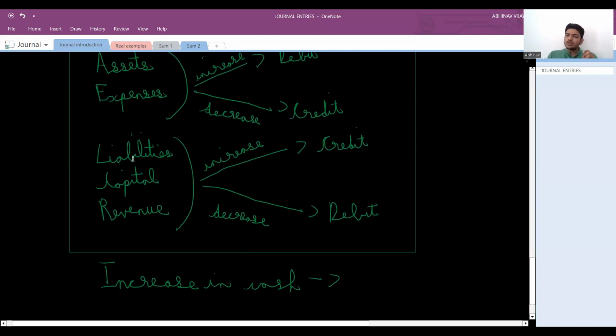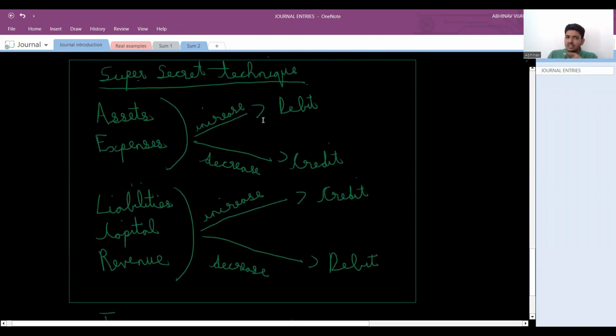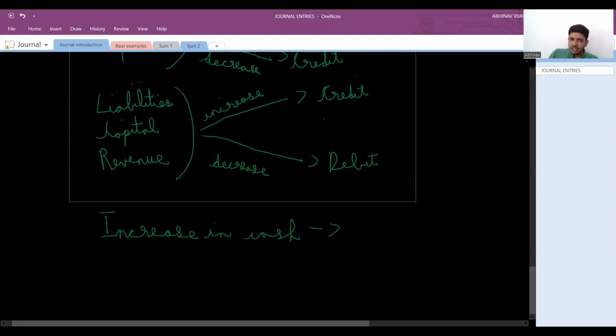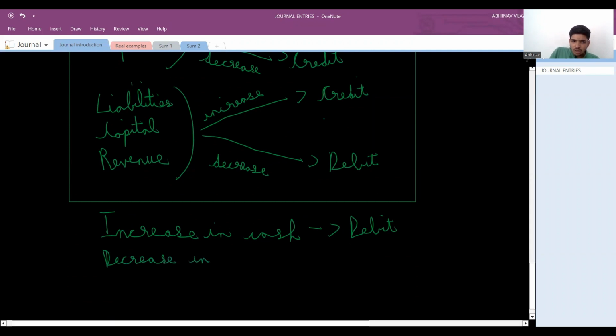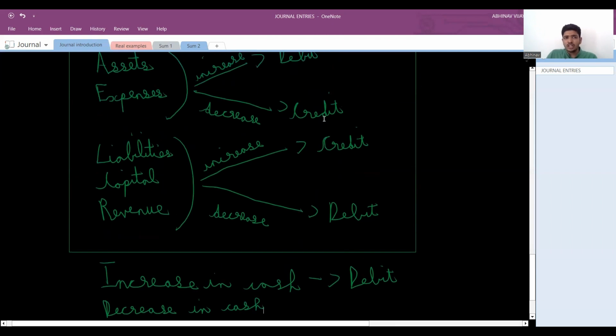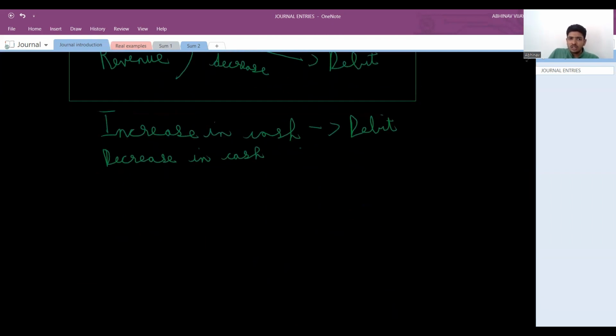Cash is a value whose benefit you can take in the future. So, cash is an asset. So, when asset increases, it will be debited. So, here the answer is debit. Now, say decrease in cash. Now, asset is decreased. So, when asset decreases, it will be credited. So, the answer is credit.